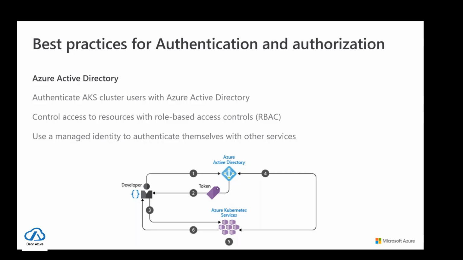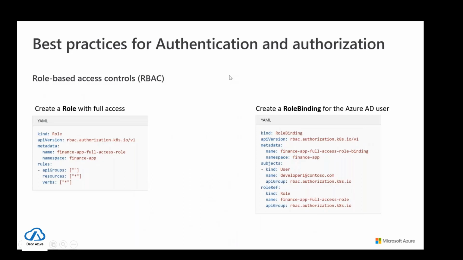Now, an extension to this, so using Azure AD as identity management, is to use a role-based access. So a role-based access is a control that is based on roles and on role bindings.